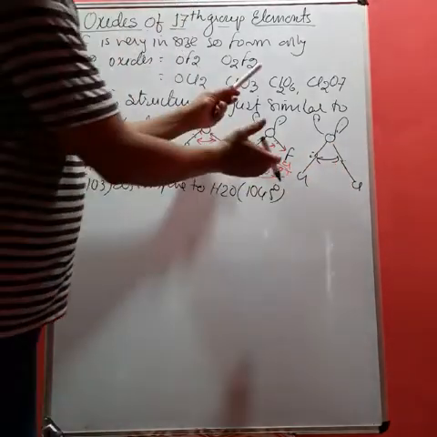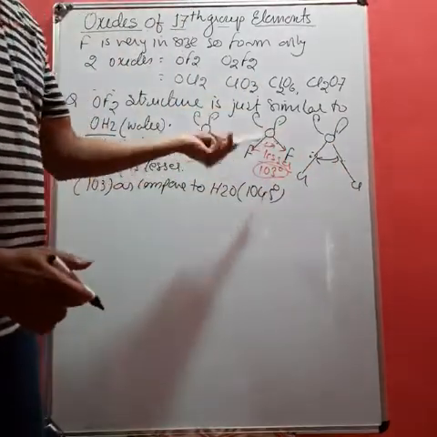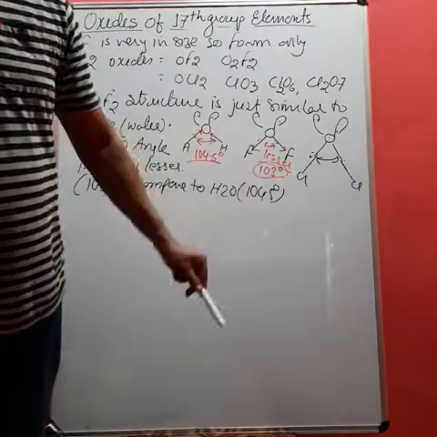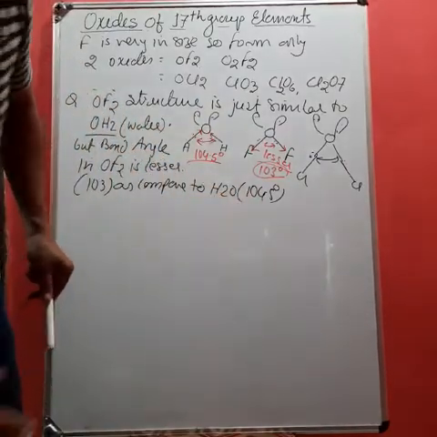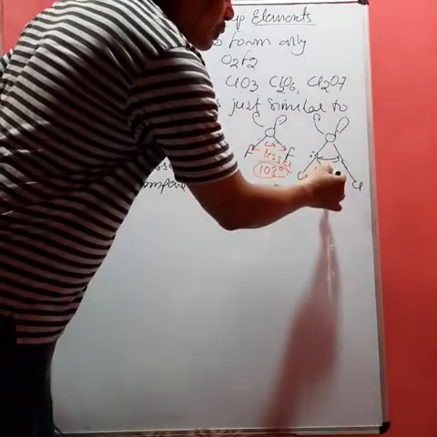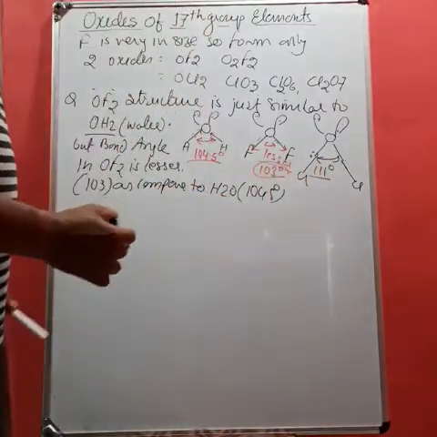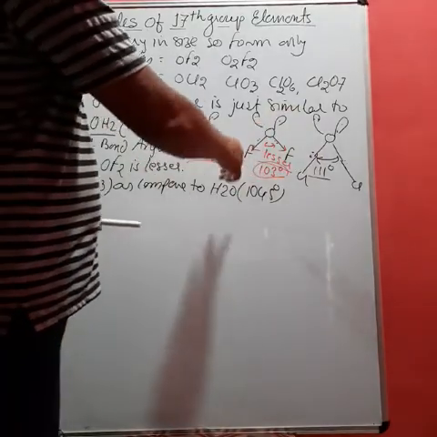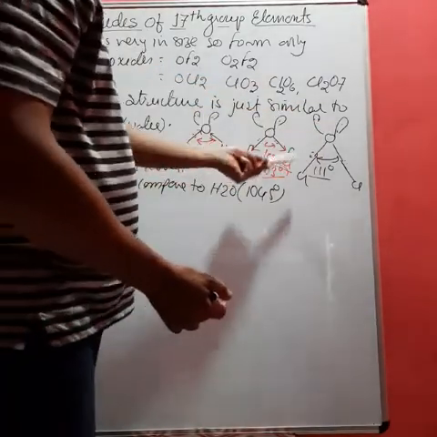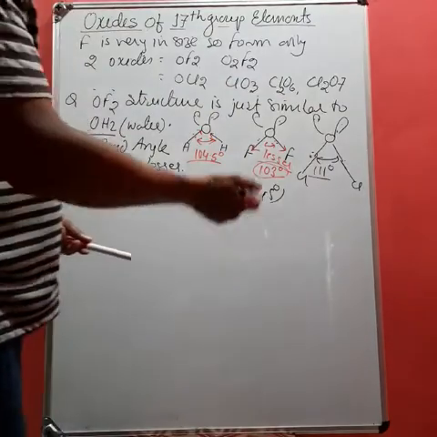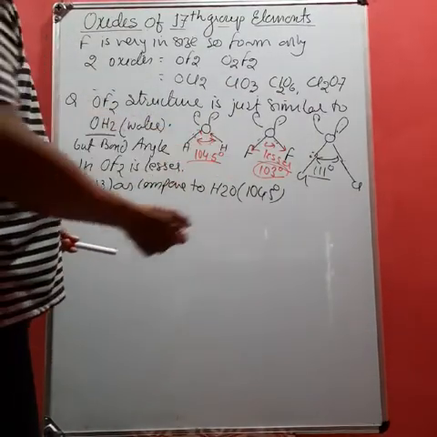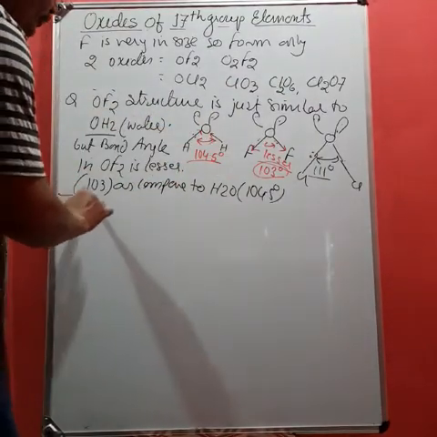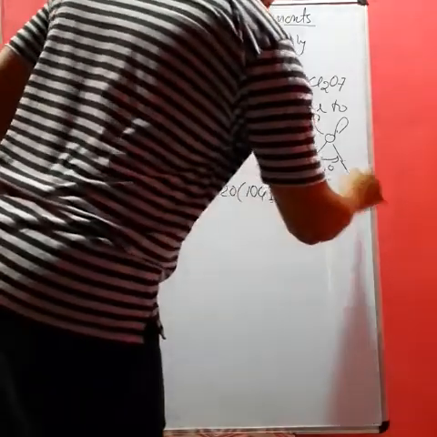It is because the bond length increases and the shifting of electrons does not take place. Thus, the bond angle becomes 111 degrees. It is a very interesting phenomenon. The structures are the same, that is, the bent structure. However, there are different bond angles. So this is about the bond angle.